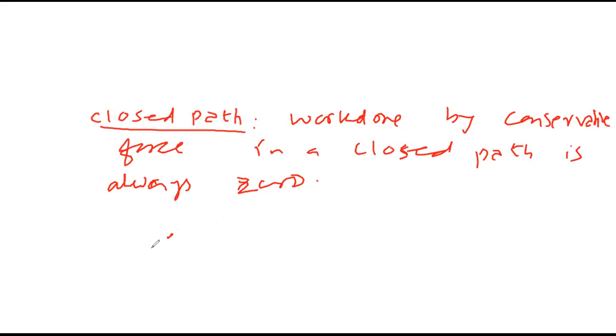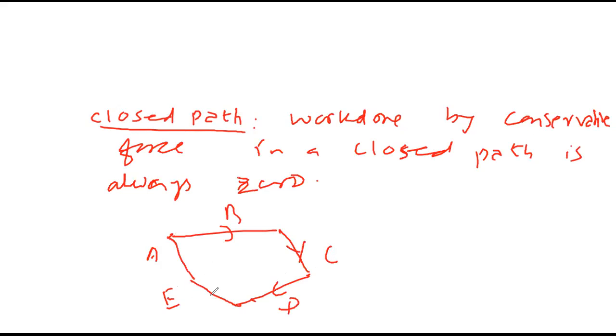So if I start from A, go to B, to C, to D, to E, and back to A, then work done is zero.